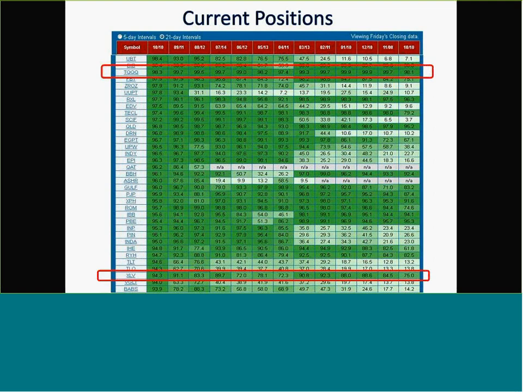Now let's take a look at some of my current positions, and we've had a recent down move, so this is a more recent relative strength rating here, and I just wanted to show you my current ETF positions, and these are actually buys right now because of the recent market decline. But one of the ones I have is the TQQQ.